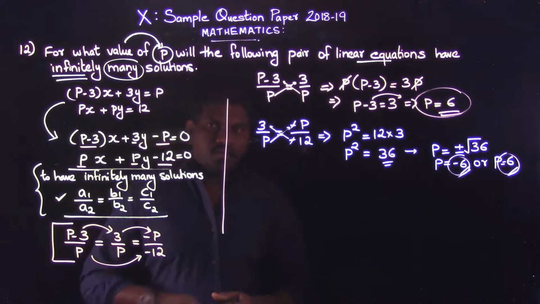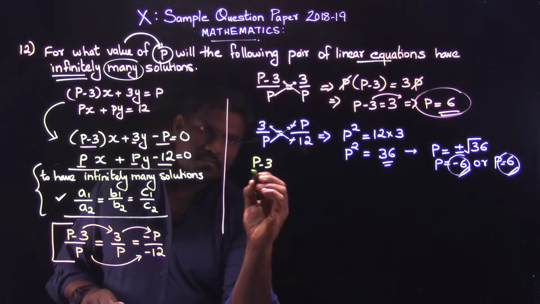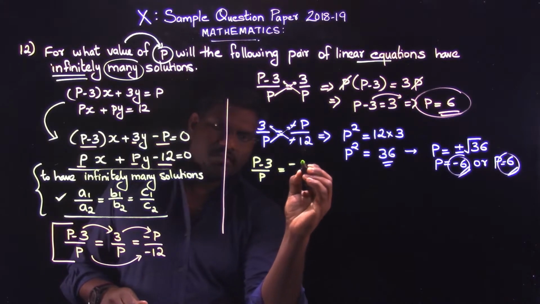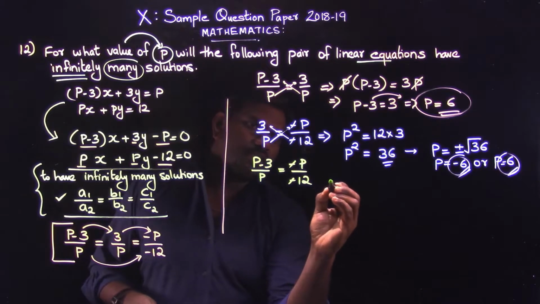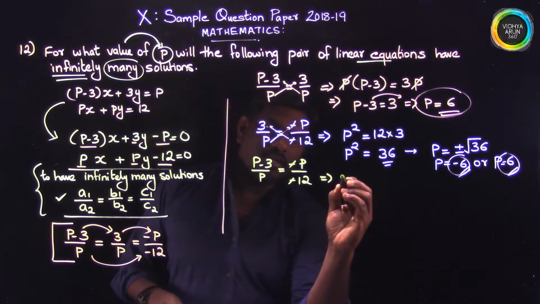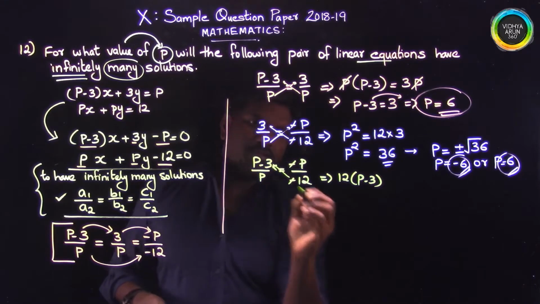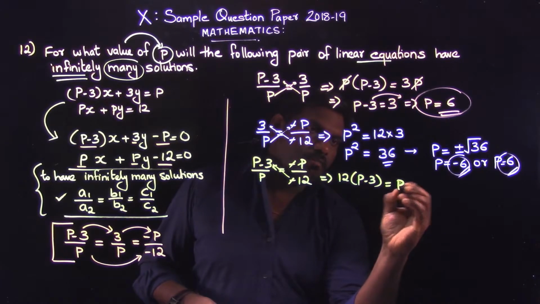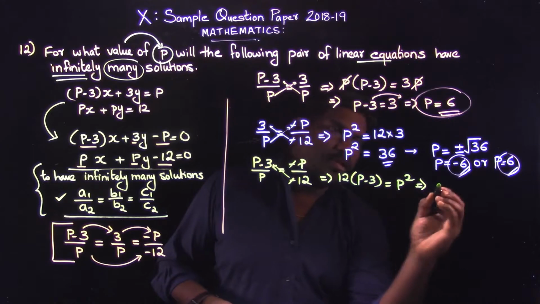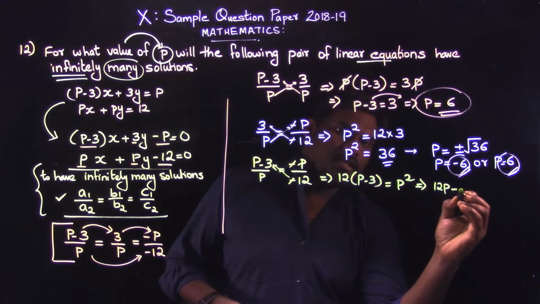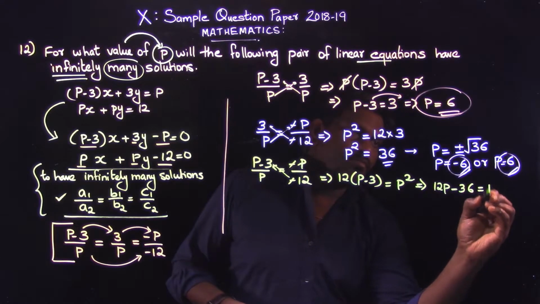Then on to the next one, the first one and the third one. P minus 3 by P is equal to minus P by minus 12. These two minus signs again get cancelled, which implies 12 multiplied by the numerator over there, and P multiplied over here, gives P square. That in turn gives me 12P minus 36 is equal to P square.